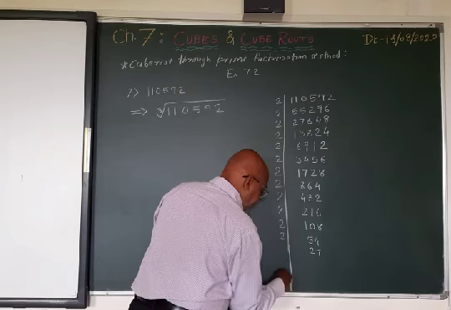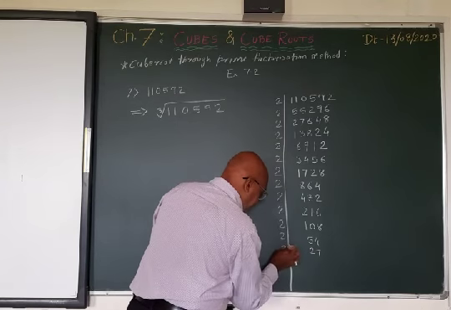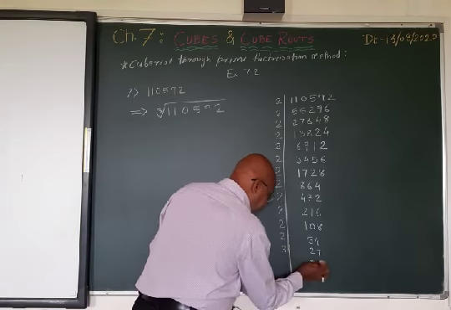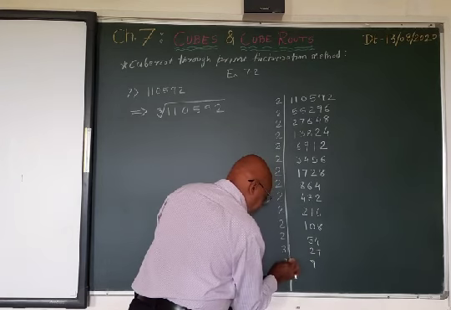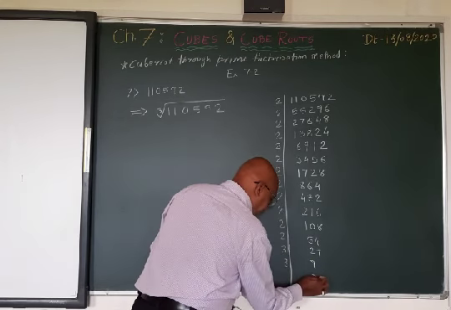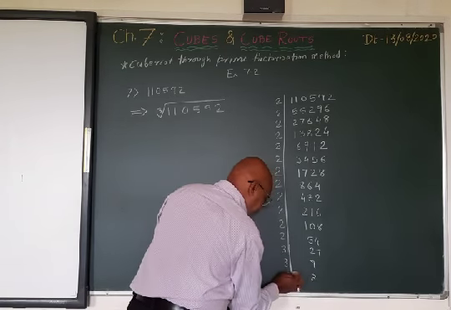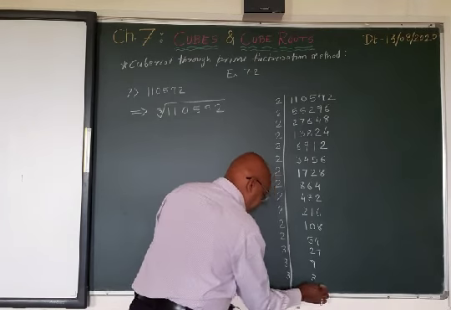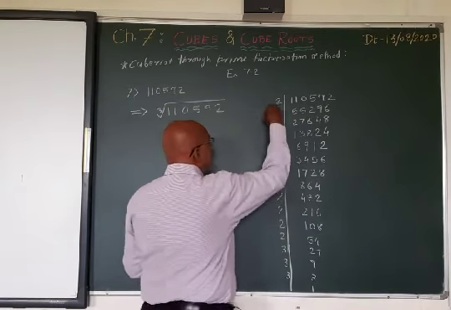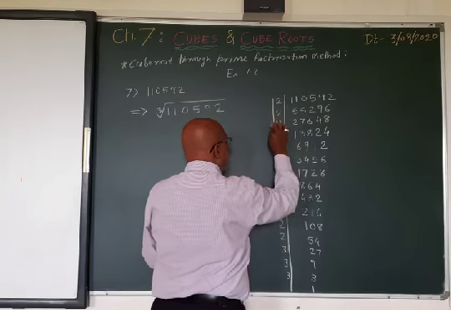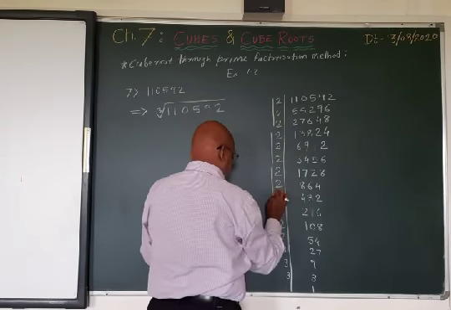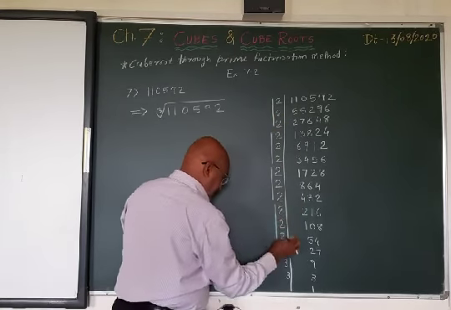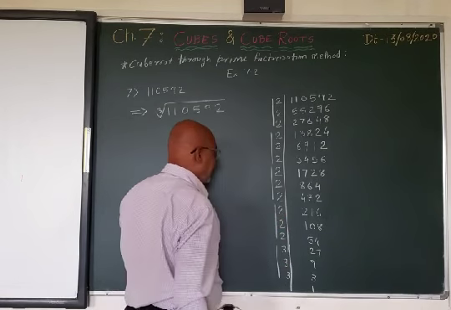Now it comes to 3. 9 threes are 27, 3 threes are 9, 3 ones are 3. So just group it: 1, 2, 3, 4, 5.